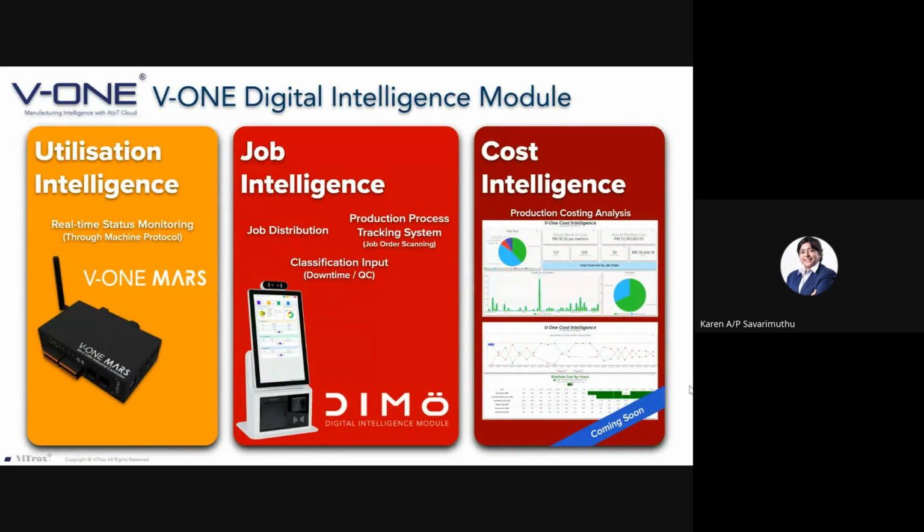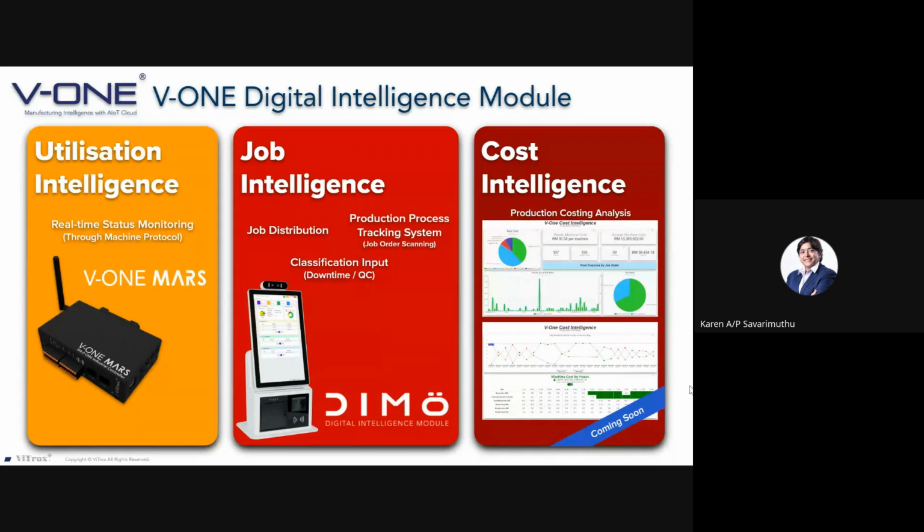Okay, in V1, we have this digital intelligence model. The first one, we call utilization intelligence. Okay, these are our own products, for your information, which we call V1 Must. We use these for utilization intelligence. And we have a demo for job intelligence.